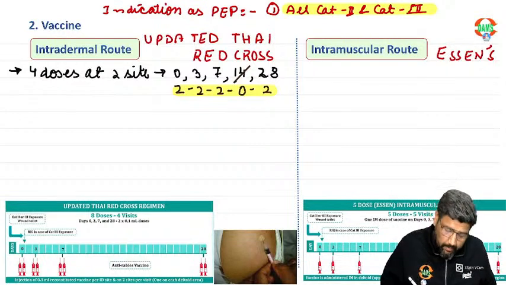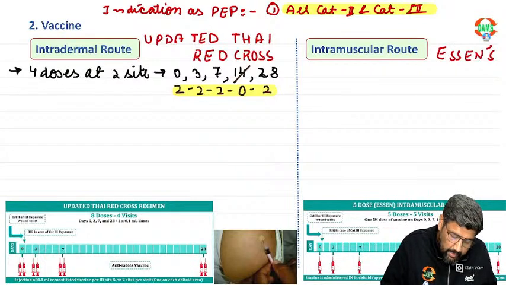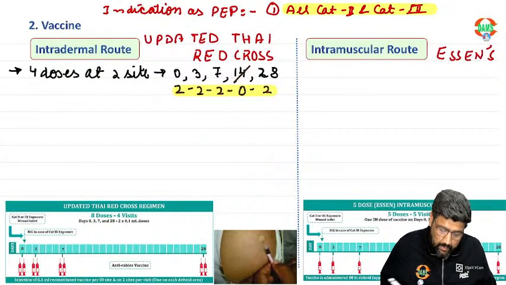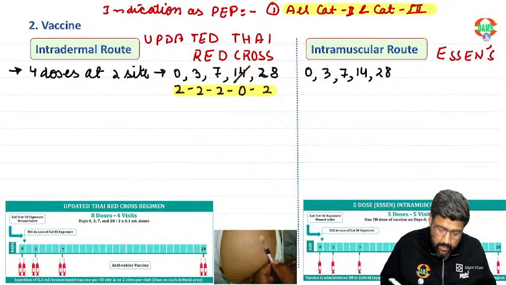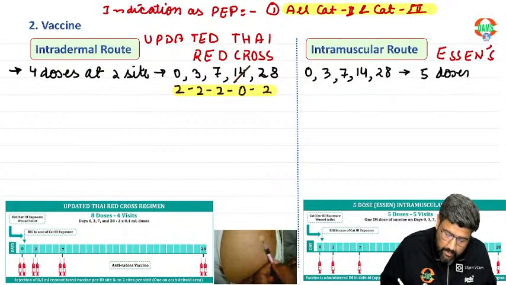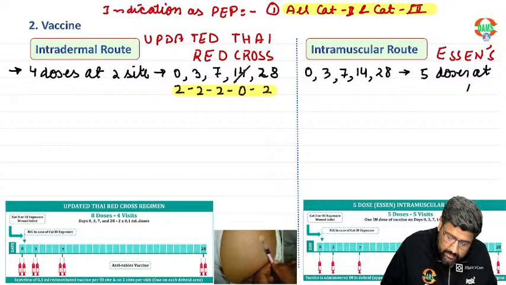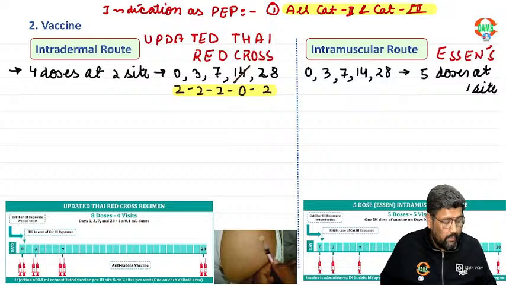Now, if I talk about your intramuscular regime, Essence regime, it is 0, 3, 7, 14, 28. So here we are giving 5 doses at one site. Right?